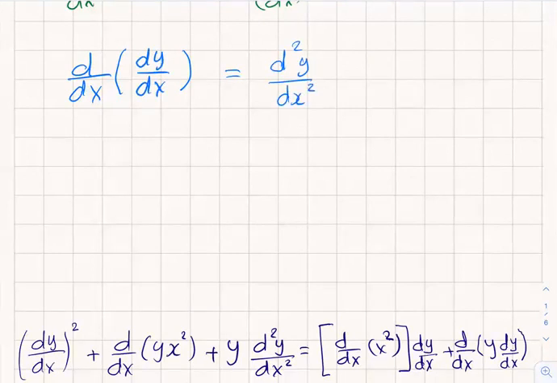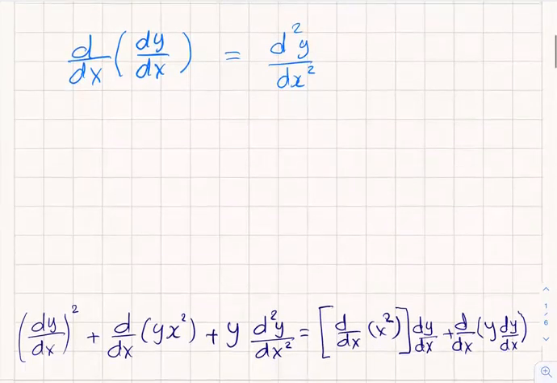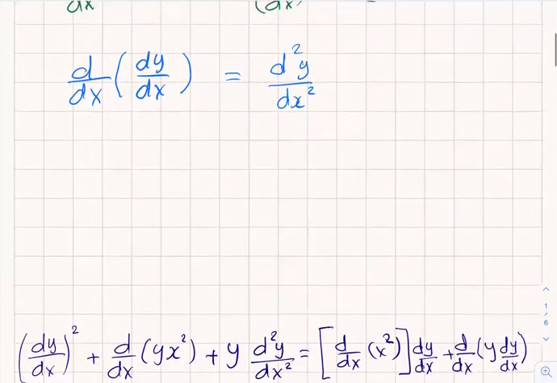Another way to think about it, maybe that will make it easy for you: d over dx of dy over dx is like dealing with fractions. When we multiply fractions, we multiply the numerators together and the denominators together. I'll show you an example.